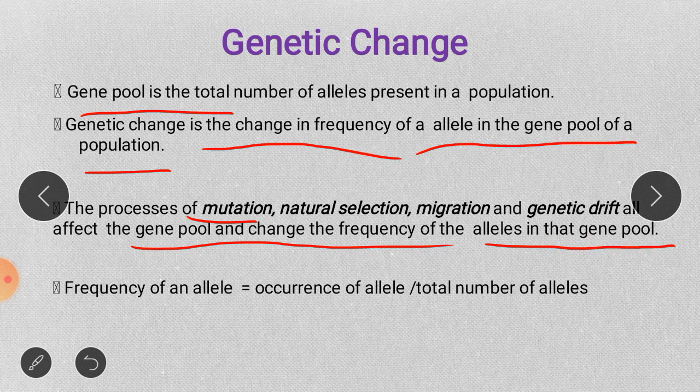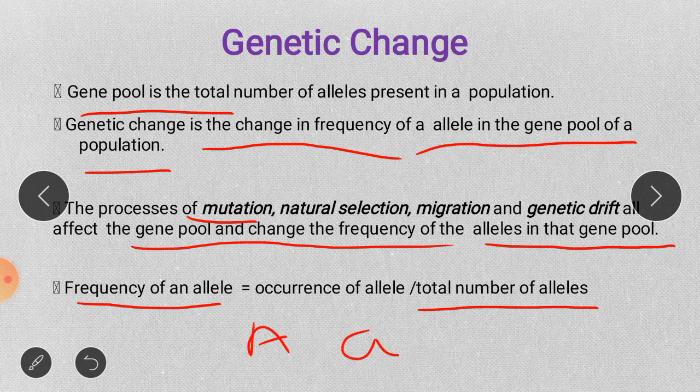What does frequency of an allele mean, and how do we calculate it? The frequency of an allele is the occurrence of that particular allele divided by the total number of alleles present in the gene pool. Suppose you have two alleles, capital A and small a.